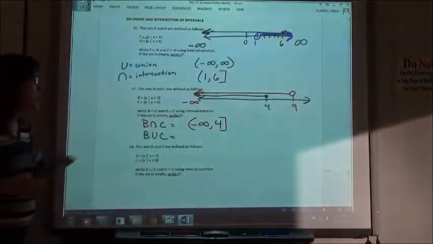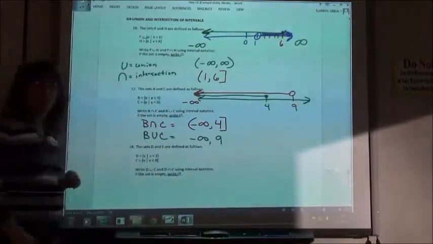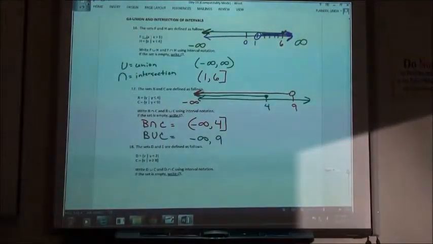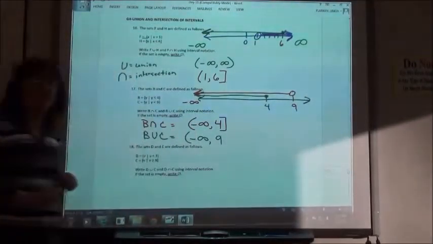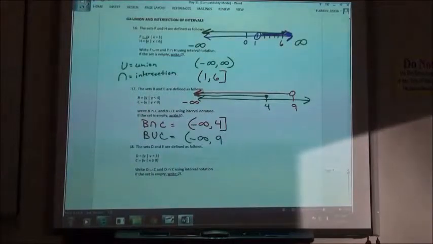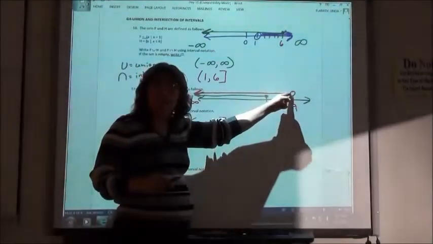So my union is going from negative infinity to the 9. Negative infinity is going to have what end mark? Parenthesis. Infinity always has a parenthesis because you can't be on it. The 9 is going to have what kind of end mark? A parenthesis because it has that open circle there. I didn't quite make it to the 9, right?